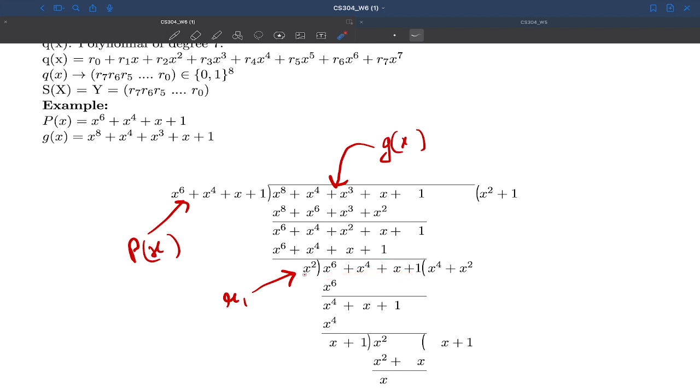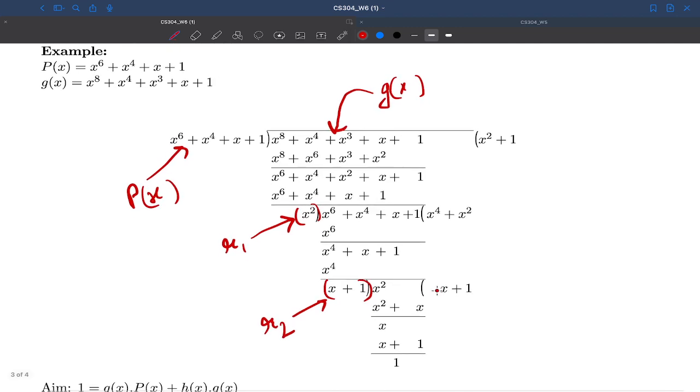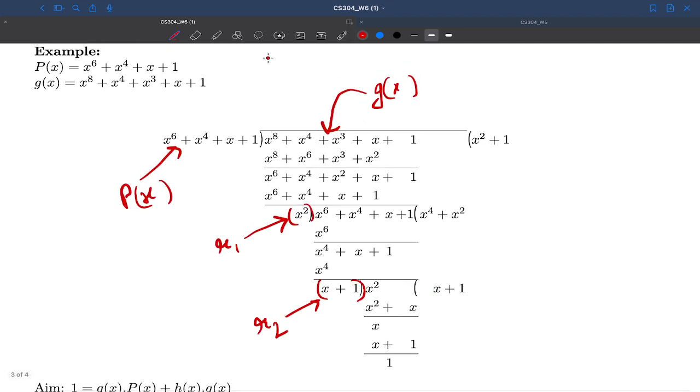So considering this as divisor, this as dividend, when I divide, I am getting another remainder, x + 1. Here I was getting x^2 as remainder, and here I am getting x + 1 as remainder. So let's say this is my remainder 2. Now again, for further iteration, I will treat this x + 1 as divisor. What will act as dividend?